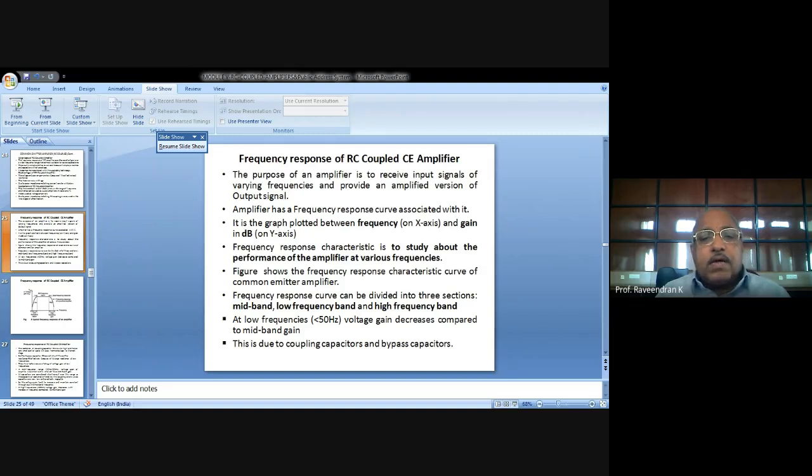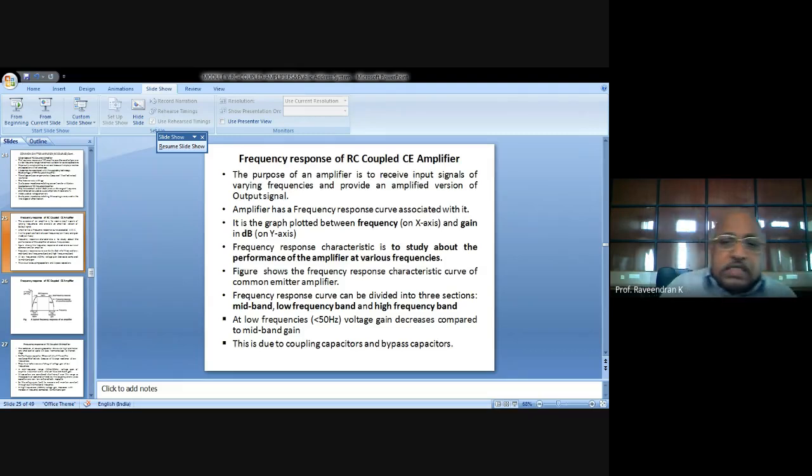So definitely, with the increase of base current, that much increase in the collector current cannot be achieved, or effectively IC by IB will be decreased, or the current amplification factor will get decreased. When the current amplification factor beta is decreased, what happens to voltage gain AV? AV will get reduced. So at high frequency ranges, the voltage gain of the amplifier is reduced.